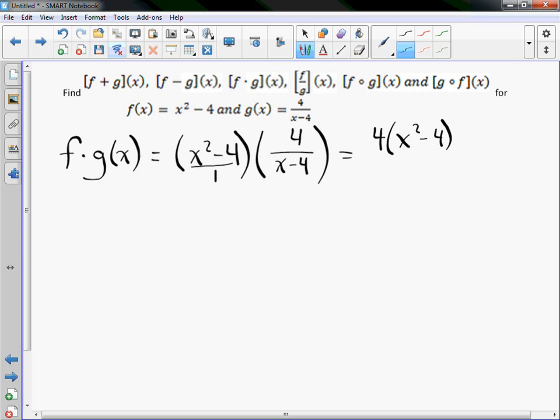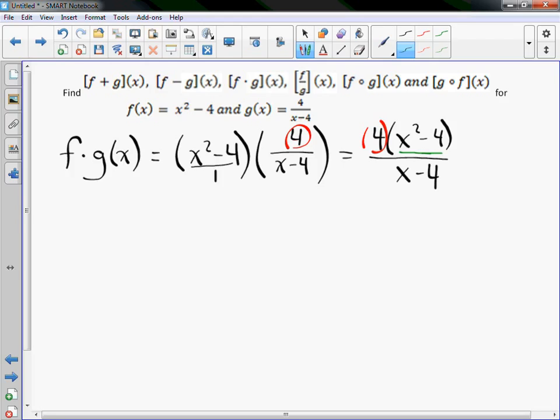I just rearranged where the 2 were. I put the 4 in front. The 4 comes from the g function. Okay? Put that in front. And I just put the f value behind, just so that they were in a nice order for distribution in a minute. Okay, and then 1 times x minus 4 is just x minus 4. Okay, because 1 times anything is itself.